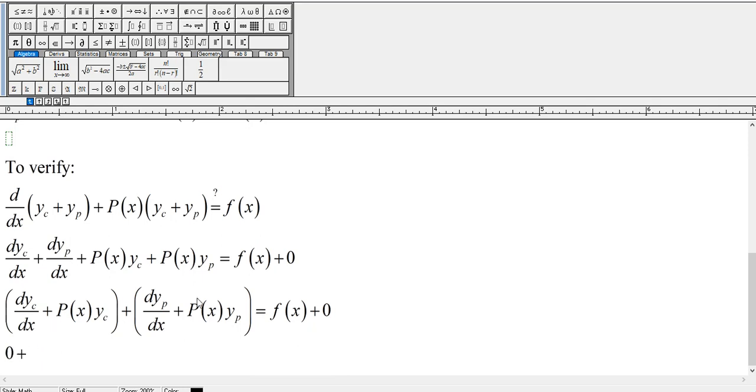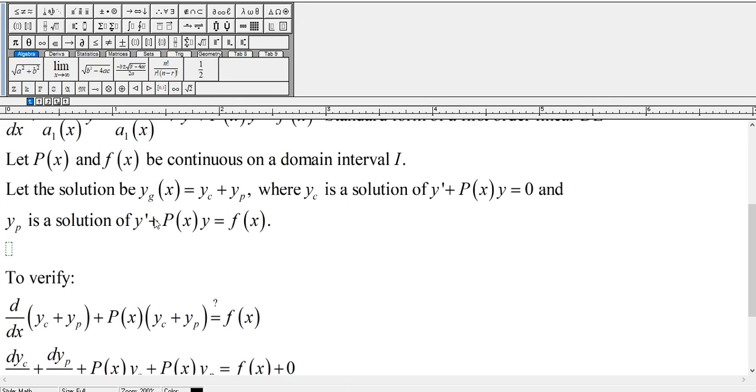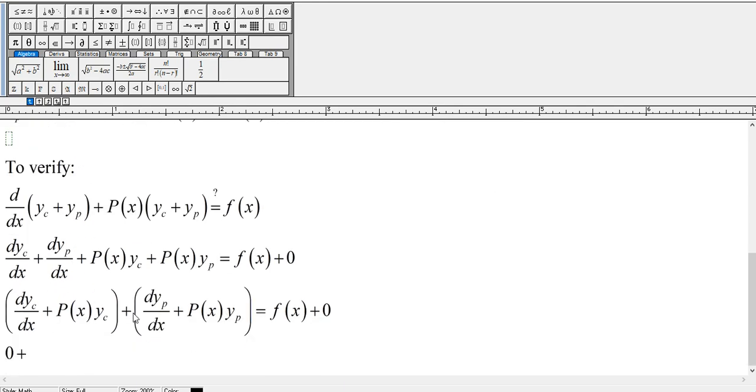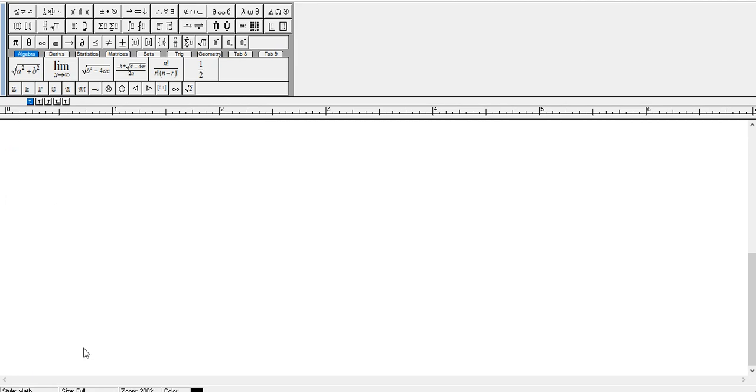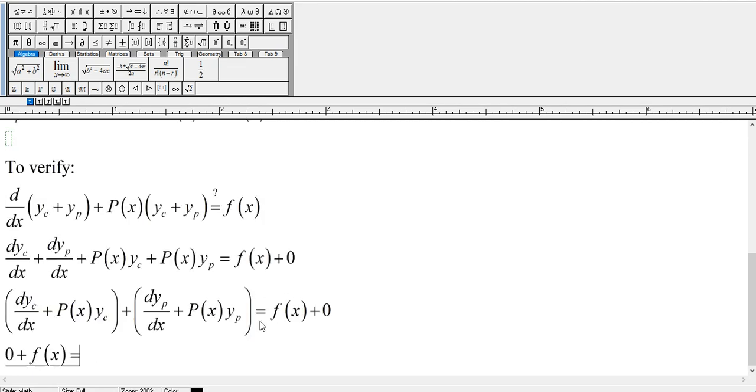And then likewise, this whole thing is a solution of this, so if you plug this in, you would just get f of x, and that indeed equals f of x plus 0, right? And so this works, and it is a valid solution.